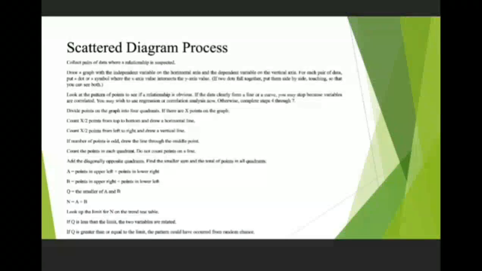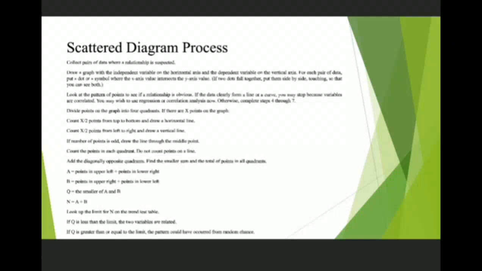Now let us take a look at the process of the scatter diagram. First, we should have a collection of pairs of data where a relationship is suspected. Now we have to draw a graph with the independent variable on the horizontal axis and the dependent variable on the vertical axis. For each pair of data, put a dot or a symbol where the x-axis value intersects the y-axis value.